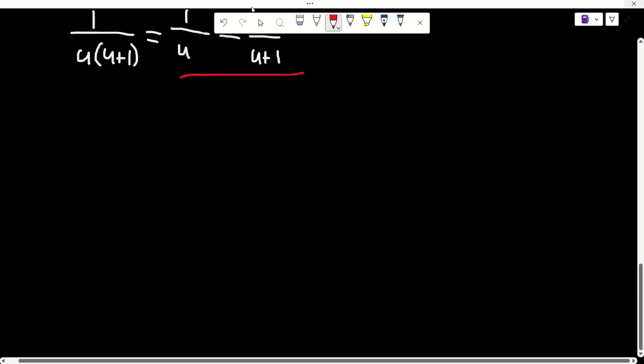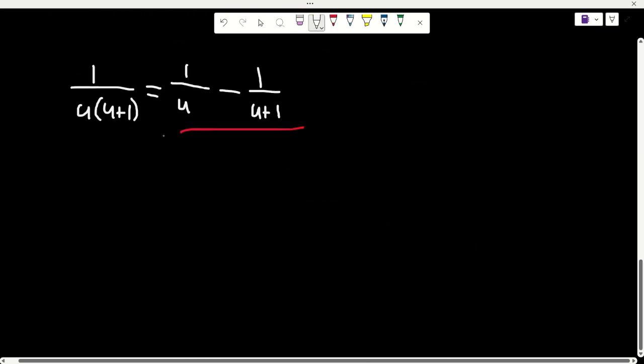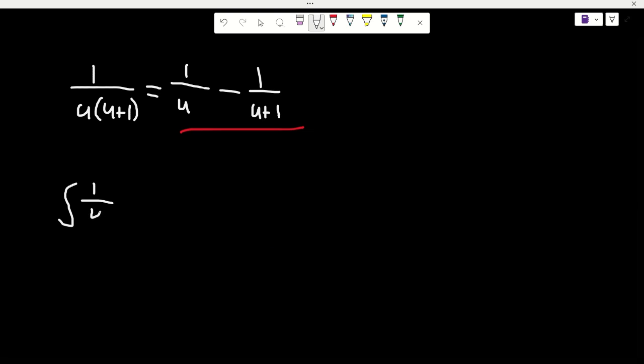So we can write it as the integral of 1 over u du minus 1 over u plus 1 du.